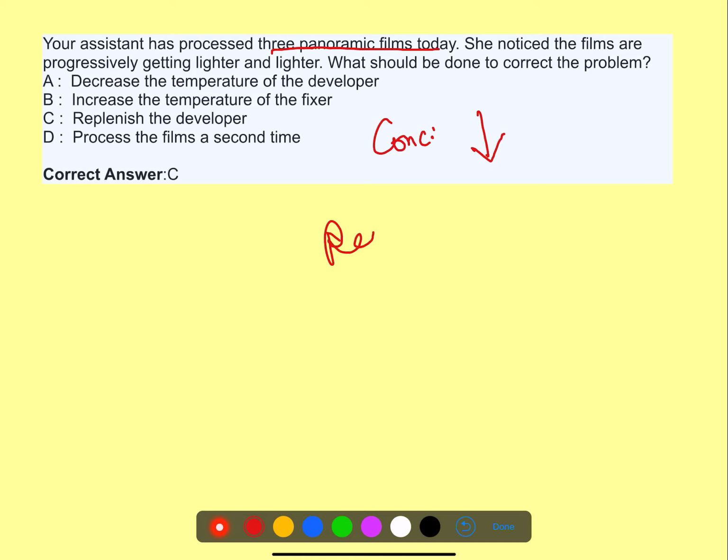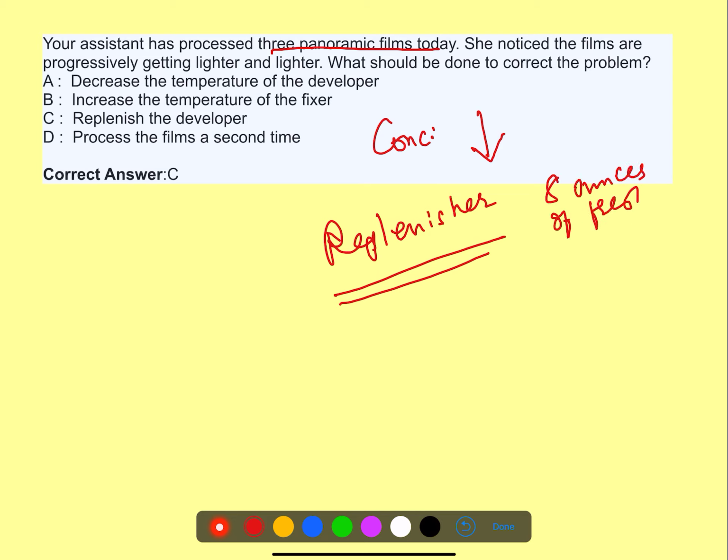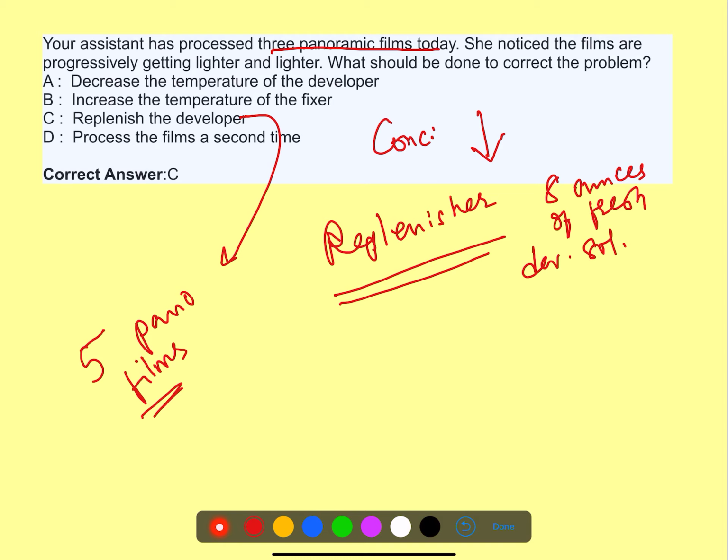So you have to add the replenisher daily. That replenisher is nothing but 8 ounces of fresh developing solution, and this replenisher is mainly used for 5 panoramic film developments. So the option is replenish the developer first.